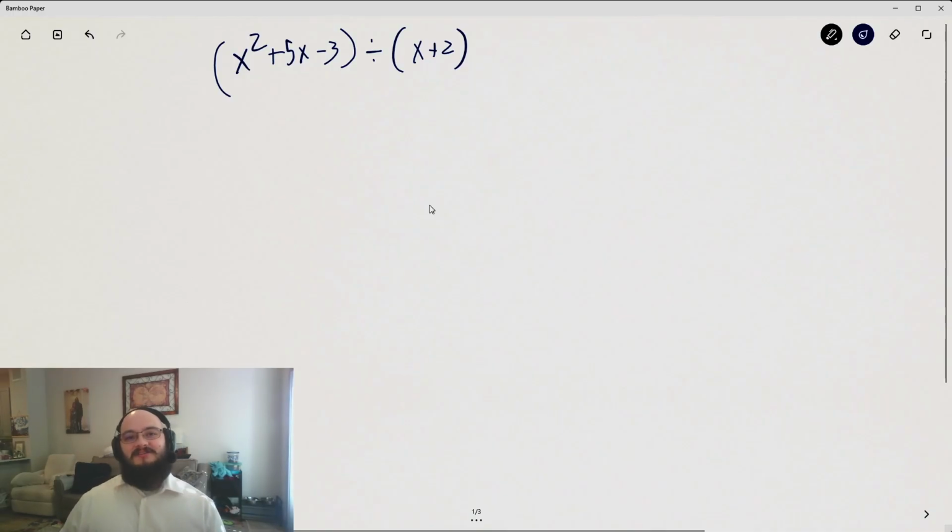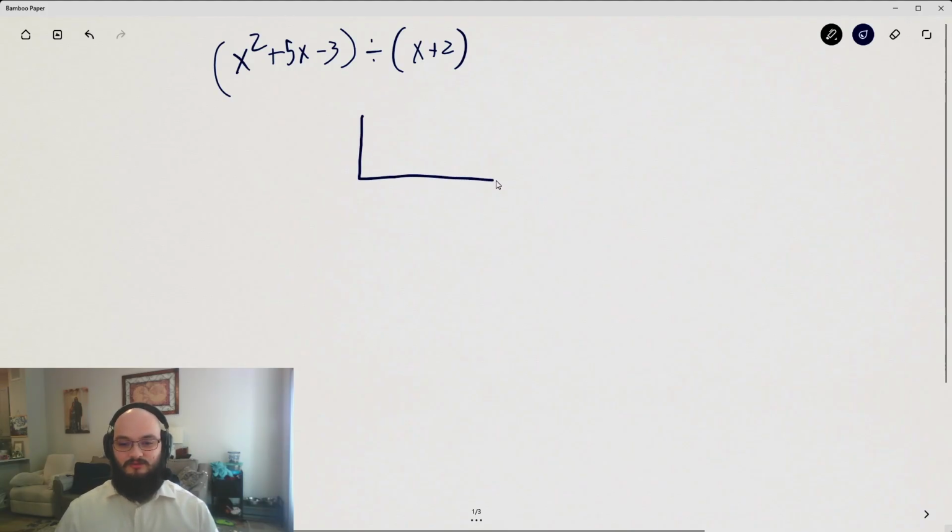For our first example, we have x squared plus 5x minus 3 divided by x plus 2. We have our divisor in the form x plus or minus a, and so we know we can do synthetic division. Here's how to set that up.